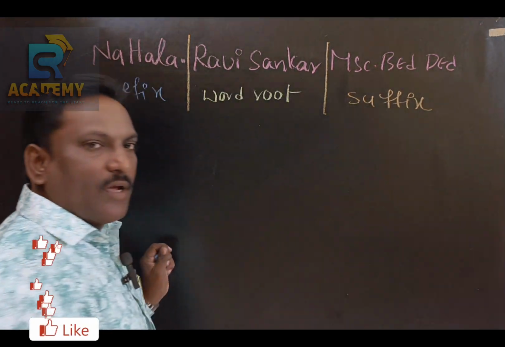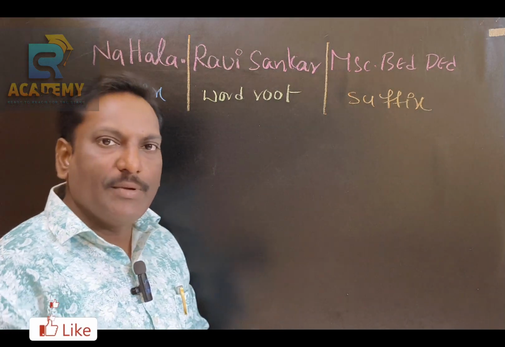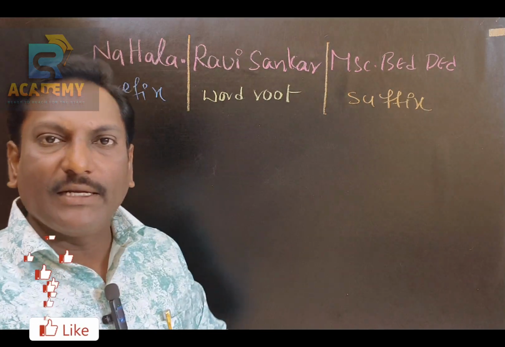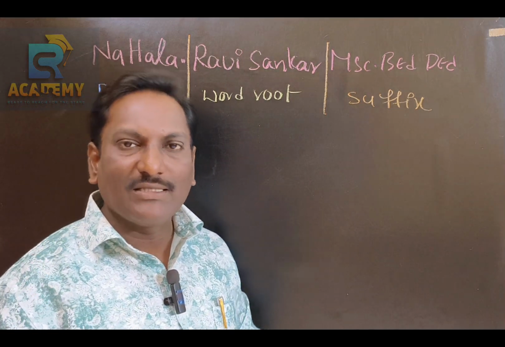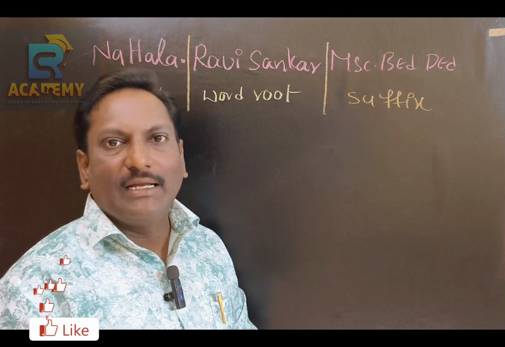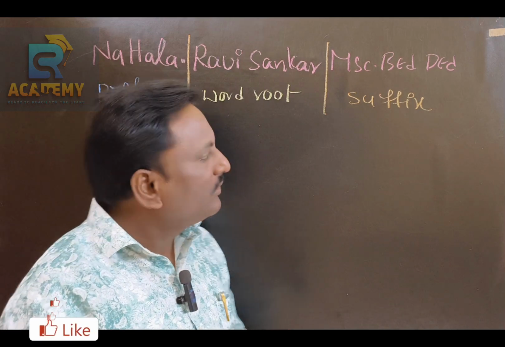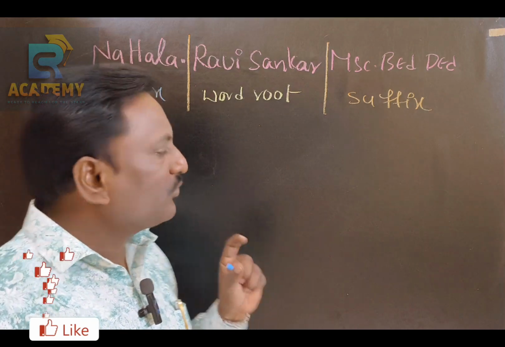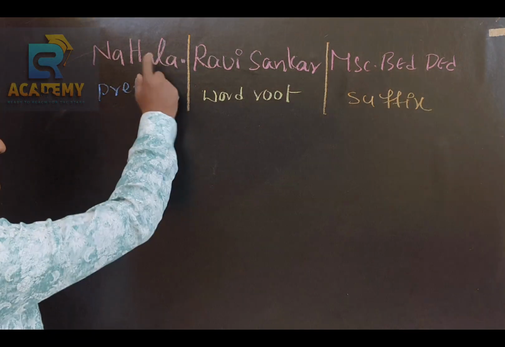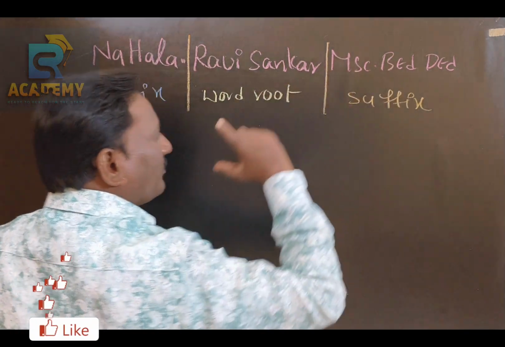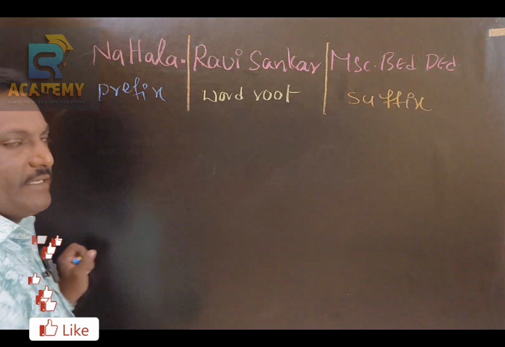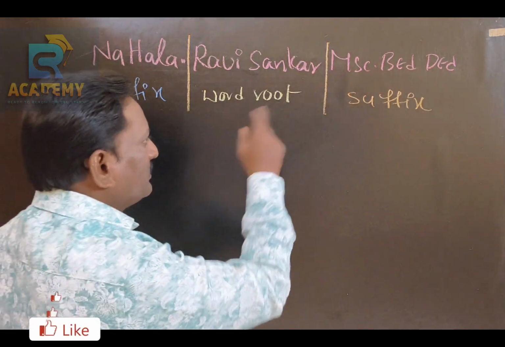Very simple. I would like to explain the naming, or nomenclature, of organic compounds of class 10 in detail and in an easy way. Please follow the video, then you will get a clear picture. Let us assume this is the name of the organic compound. I divide it into three parts.